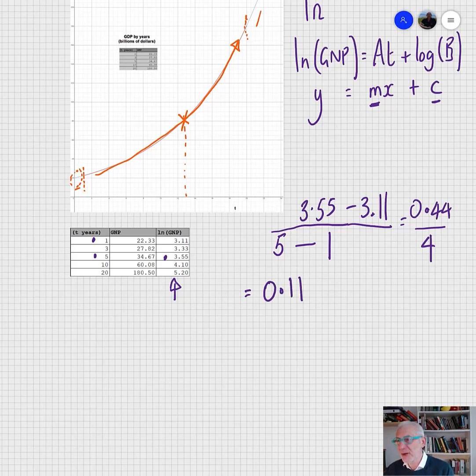So that's the slope. So that is the value of a in our little function. So we've calculated already the value of a.